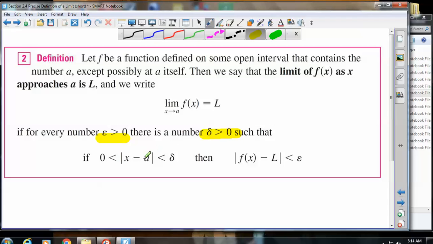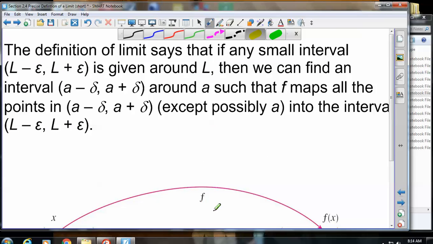Alright, I put some pictures up here to help because this is really abstract, since we're throwing all these epsilons and deltas and a's and f of x and L and all these letters in here at once. The definition of a limit says that for any small interval, L minus epsilon to L plus epsilon, where epsilon is like the acceptable error. So if my limit was 4 and my epsilon was 0.5, I would be between 3.5 and 4.5.